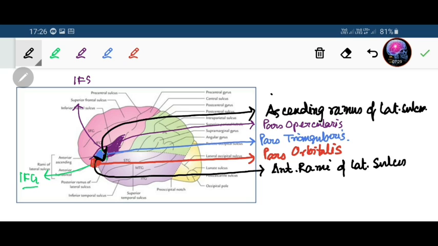So these are the three subdivisions of inferior frontal gyrus: pars opercularis, pars triangularis and pars orbitalis, from behind forwards.